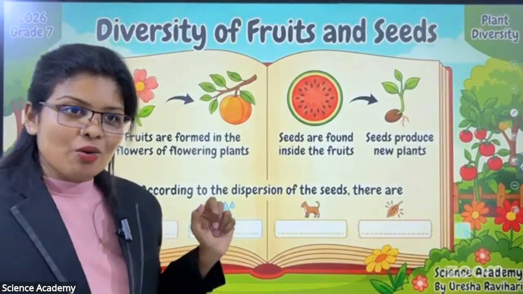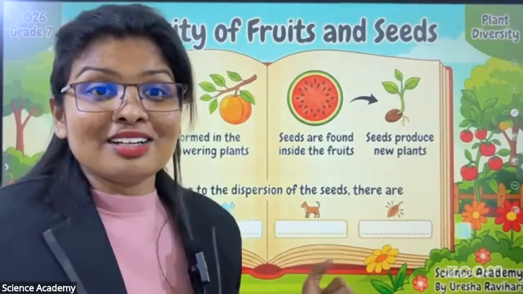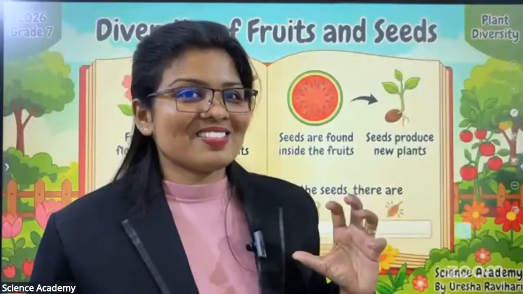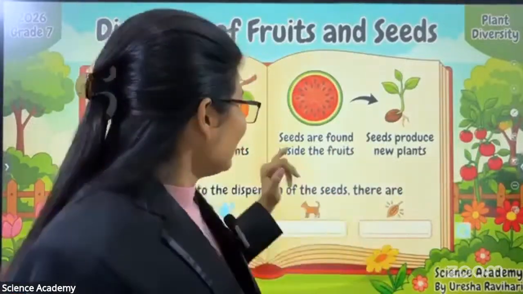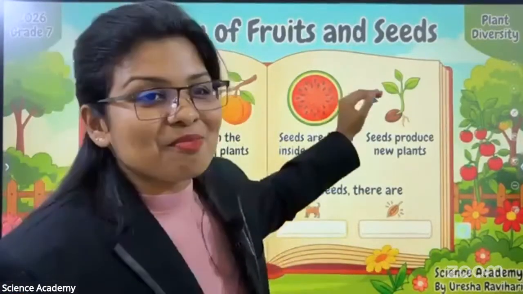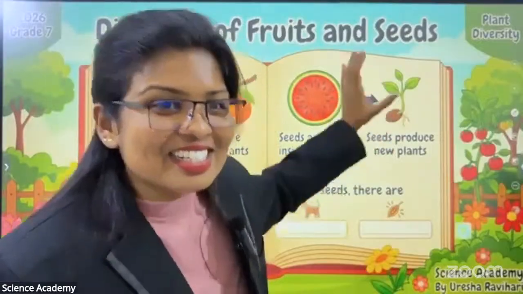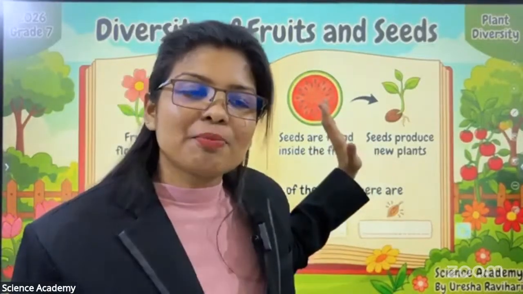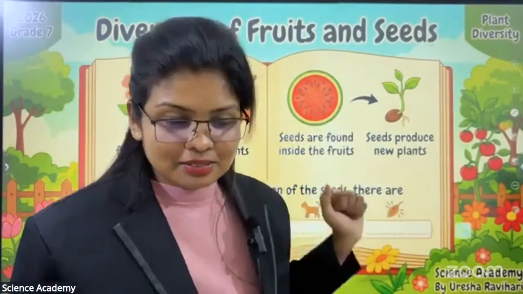In fruit forming plants we can see seeds inside the fruit. And by seeds, it produces a new plant. So this process is called sexual reproduction of plants.